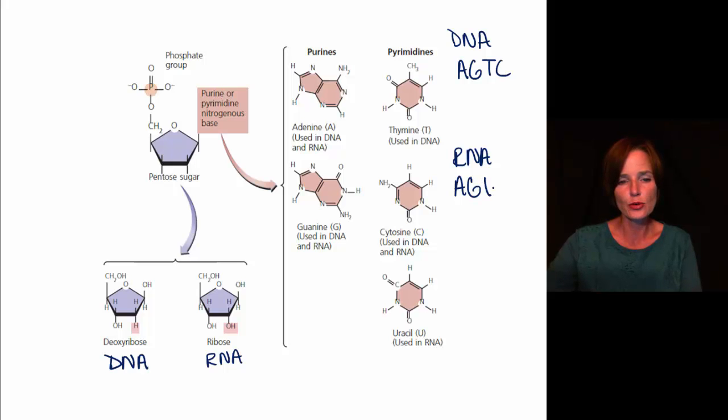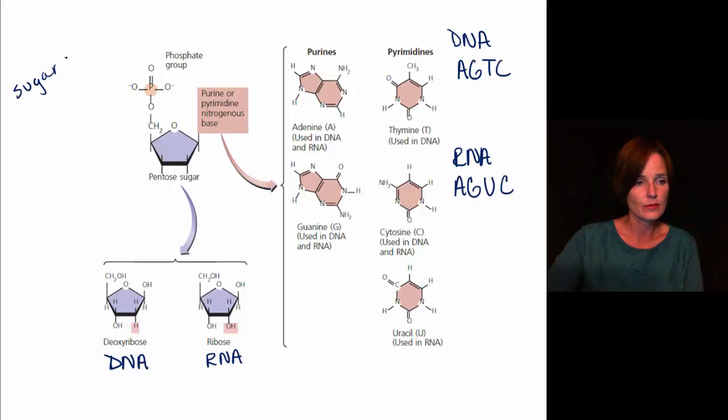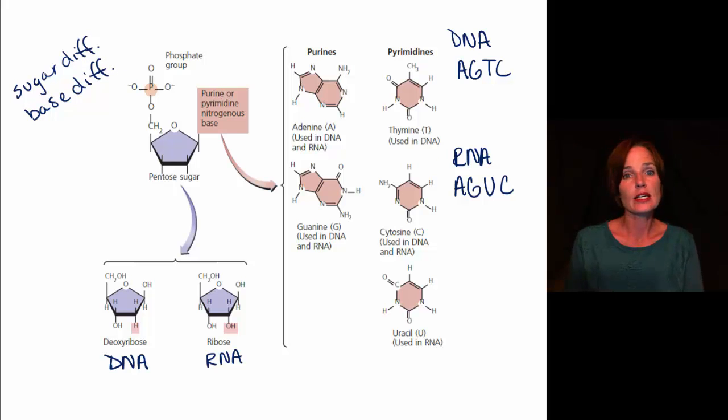We're going to have a U instead of the thymine, and then we're still going to have the cytosine. So between DNA and RNA, there's a sugar difference, and there's also a base difference. The base difference is that you only find thymine in DNA, and you only find uracil in RNA.